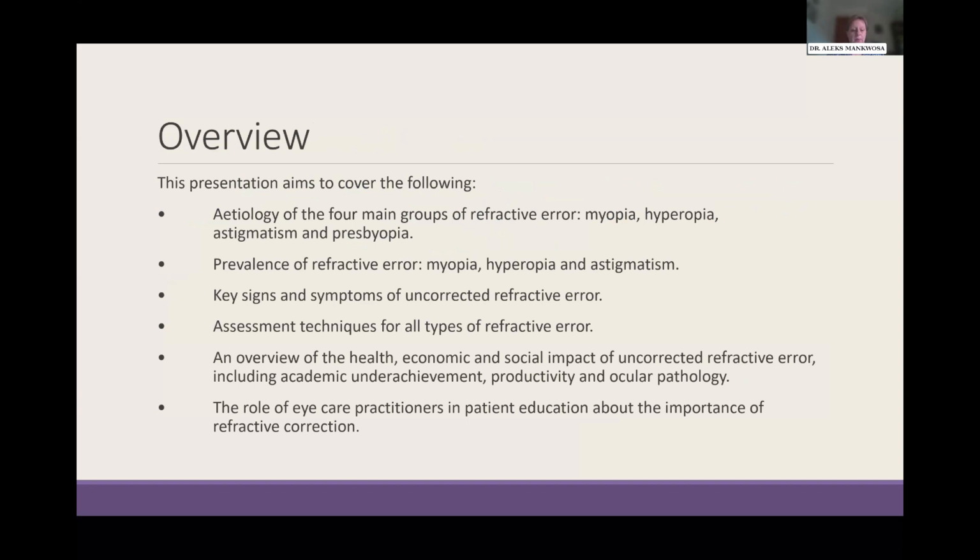My role in tonight's webinar is to give you an overview of the etiology and prevalence of refractive error, to discuss briefly detection and assessment, and to look at the impact of uncorrected refractive error on our patients, and what we as eye healthcare professionals can do to help in the education of our patients and also those around us who can advocate for more eye healthcare work to be done in all our communities.